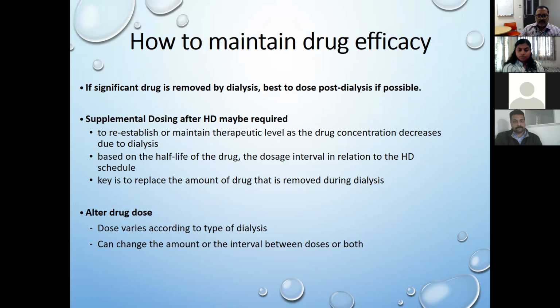Supplemental dosing may be required to re-establish or maintain a therapeutic level as the drug concentration decreases due to dialysis. Based on the half-life of the drug, the dosage interval will need to be adjusted, and then we can do that in relation to the hemodialysis schedule. The key is to replace the amount of drug that is removed during the dialysis session. So sometimes it might be 20%, maybe 50% of the usual daily dose.